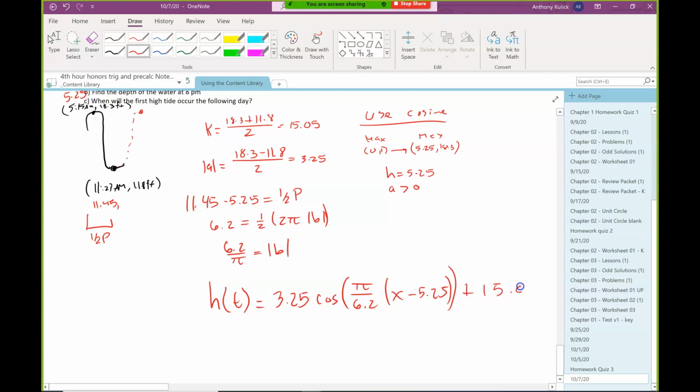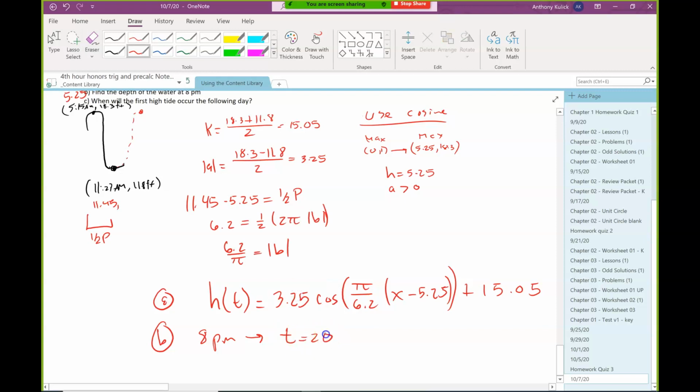It asks for the depth of the water at 8 p.m. 8 p.m. is really 20, well, let's say t equals 20. Everybody agree with that? That's me just converting 8 p.m. to military time.